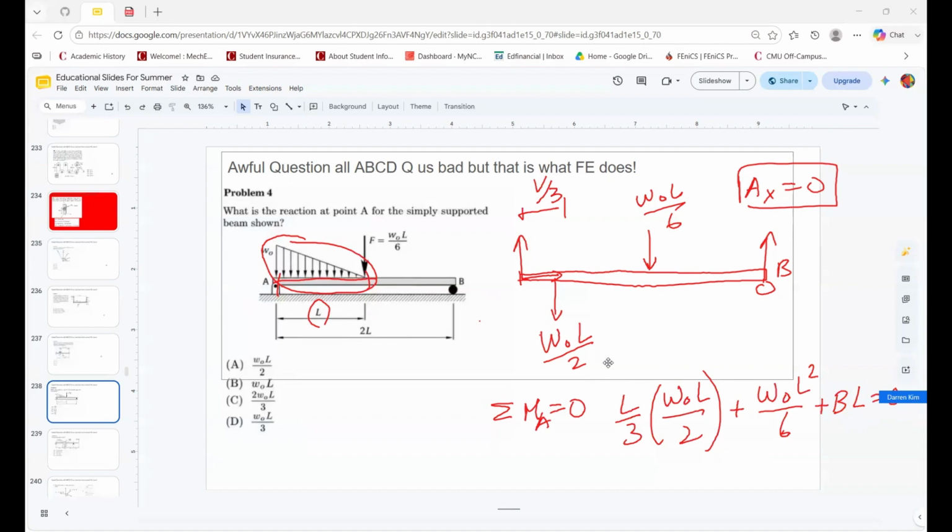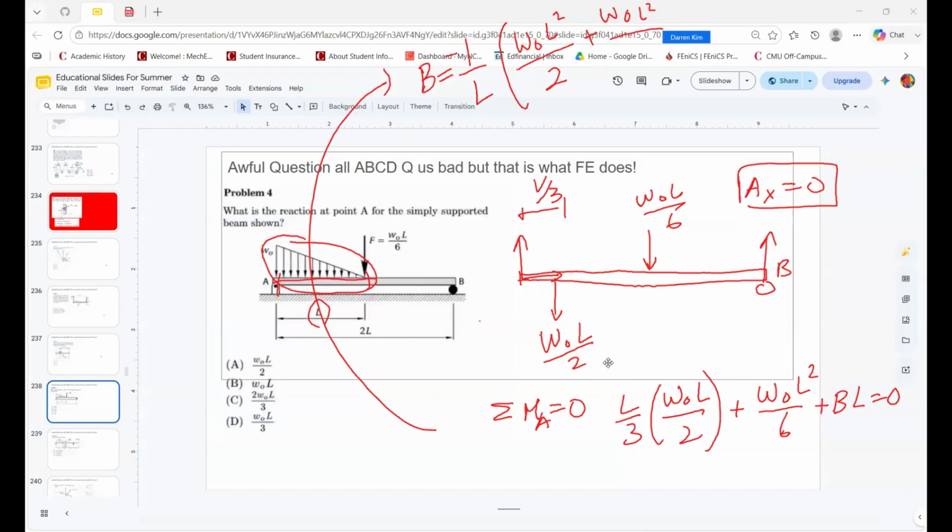So we could just write back over here that B equals 1 over L, we're gonna have a negative over here, and this is gonna be WOL squared divided by 2 plus WOL squared divided by 6. So in that case, it is equal to saying negative, and I chose this direction, so it's actually this direction, but negative 1 divided by L, well, we'll figure that out later, but that is B.